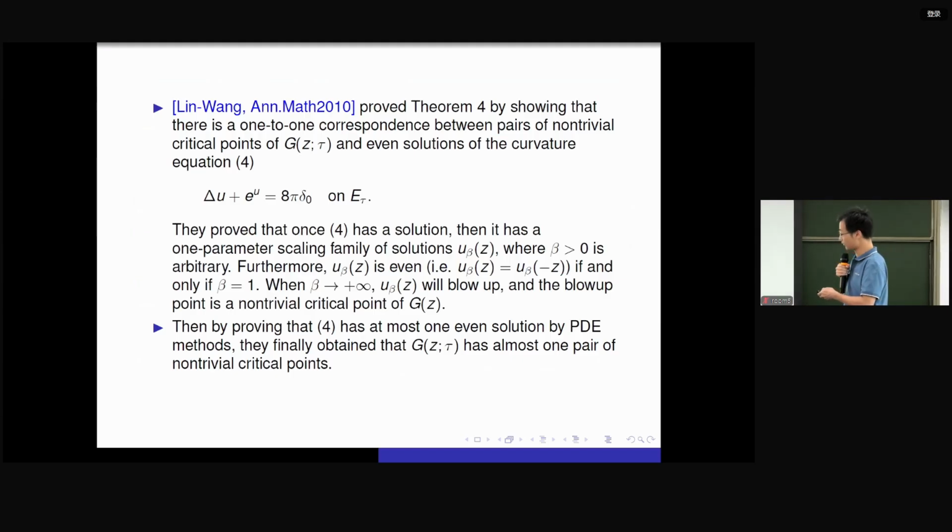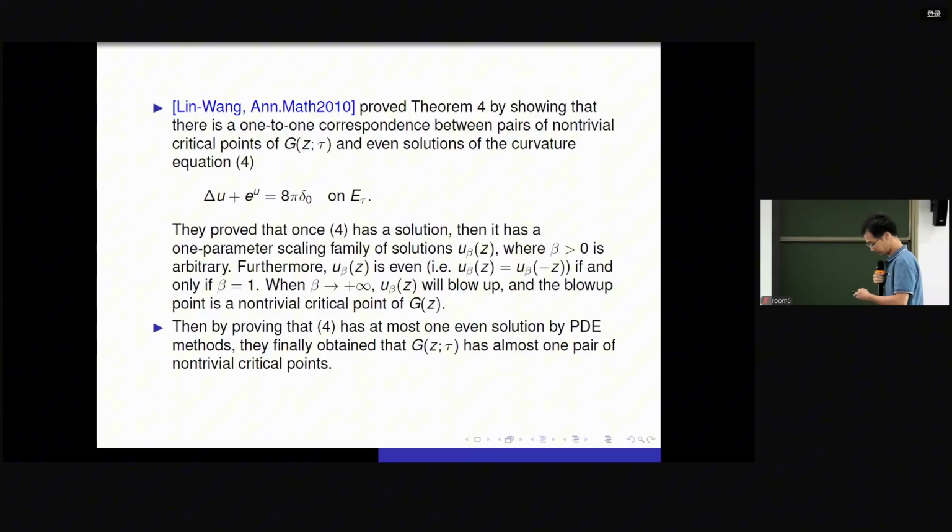They use the PDE: they prove the PDE has at most one even solution to imply the result for the Green function. And later, Eremenko and his collaborators gave a direct proof of this result for the Green function using anti-holomorphic dynamics.